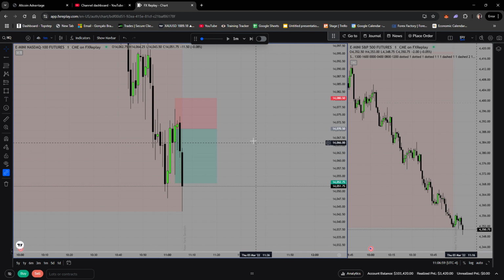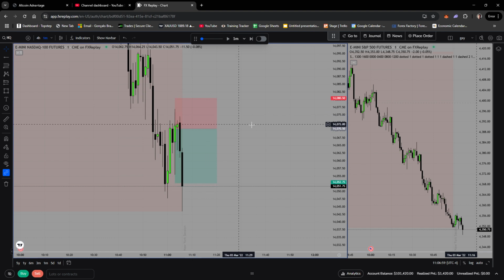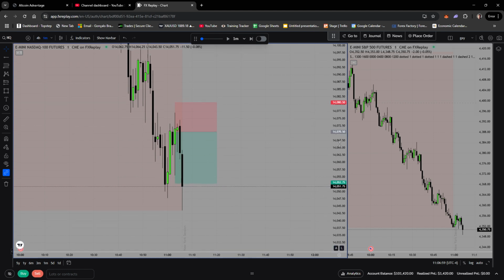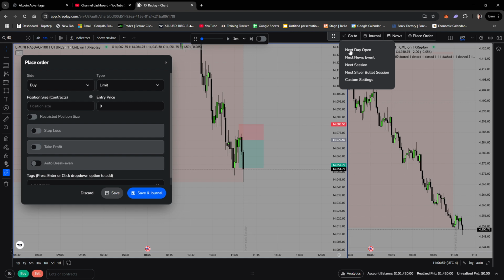Boom. Finally, we took a win. Just in a volume imbalance, pretty low probability, but in this scenario it played out to our advantage. Finally got a win. So we're at 1.4K. We took multiple break evens. Let's go back till tomorrow.